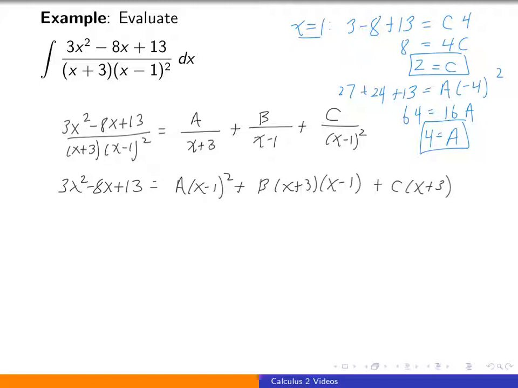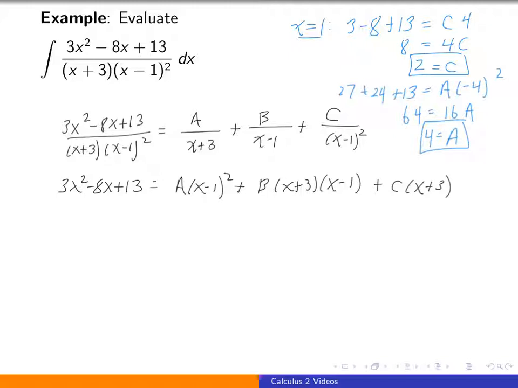So the only term we have left to solve for would be the B term. In order to do so, note we have a quadratic on the left, and once we expand everything out, we're going to have a quadratic on the right, and the only way these two things can be equal is if all their corresponding coefficients are equal.